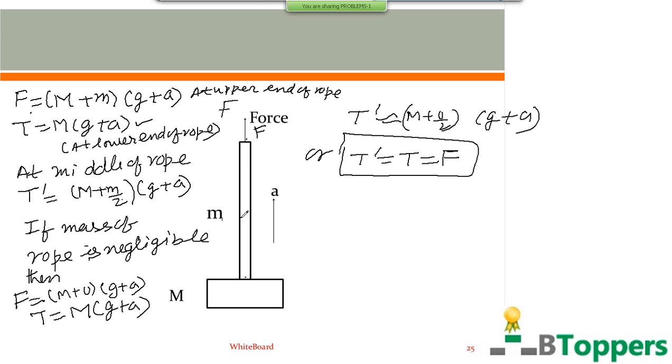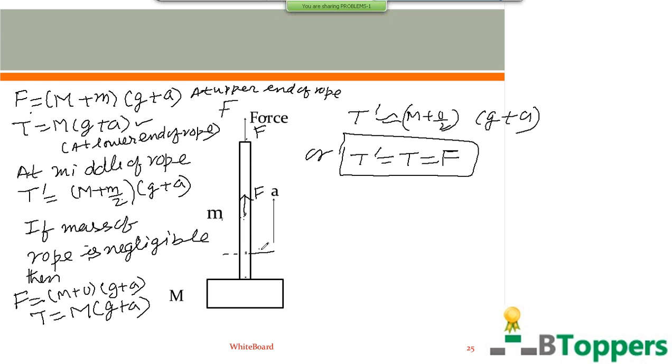And the magnitude of the tensional force acting normal to the cross section at the middle of the rope will also be the same as the magnitude of the pulling force applied at the upper end. The same way you can show that the magnitude of the tensional force acting normal to any cross section will be the same as the magnitude of the pulling force applied at the upper end of the rope.